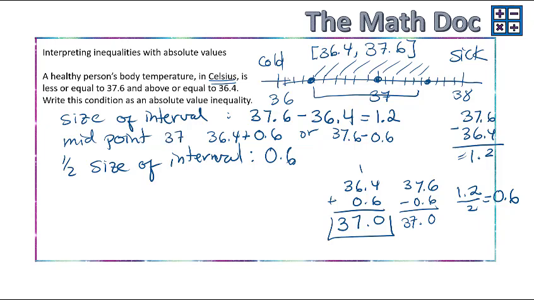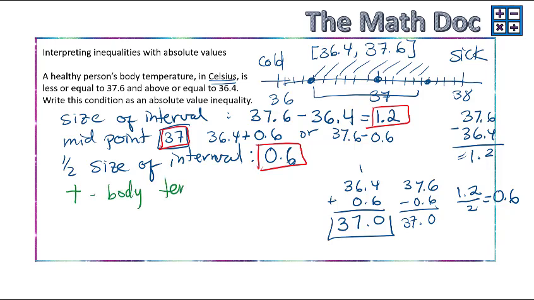And I will outline all our numbers here, with a different color. 37 is our midpoint, our interval is 1.2, and half our interval is 0.6. Now let's write our absolute value. Let's use T as the body temperature.